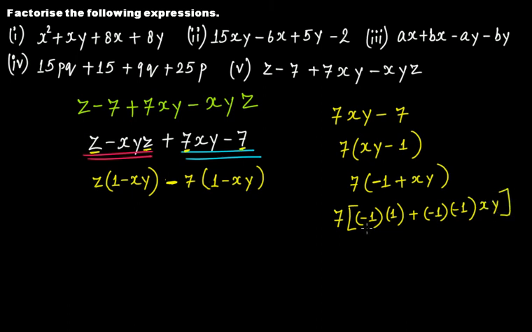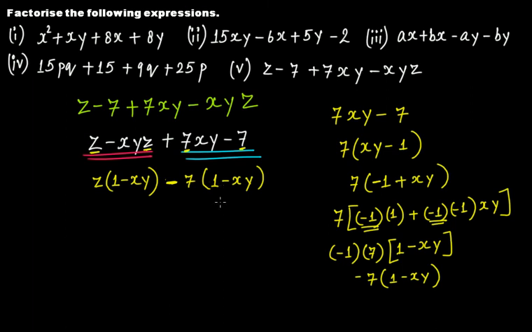No. This minus 1 is common in both. Let's take this out. So minus 1 multiplied by 7, inside you have 1, and then you have this minus 1 multiplied by xy, which means minus xy, right? Minus 1 multiplied by x is minus x, multiplied by y is minus xy. So this is minus 7 times 1 minus xy. That's what we have done here.